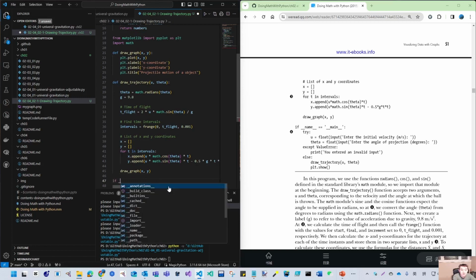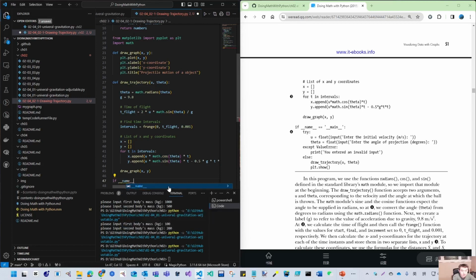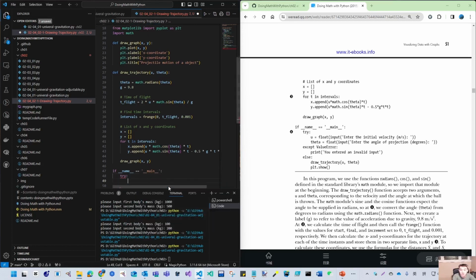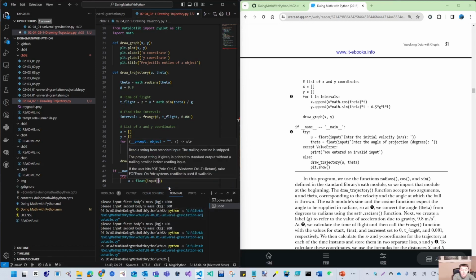But now, if name equals main, it should be in small case. Then we will try, so we will see whether it has a value error. So try: we give the u and the theta. So u should be a float. So enter float input.